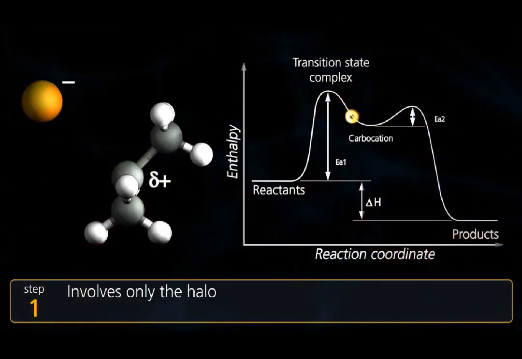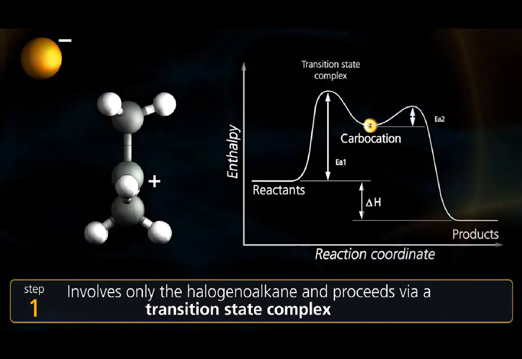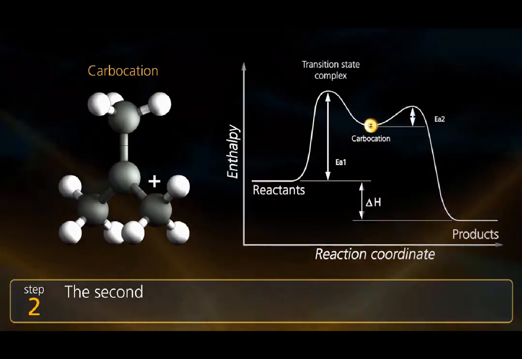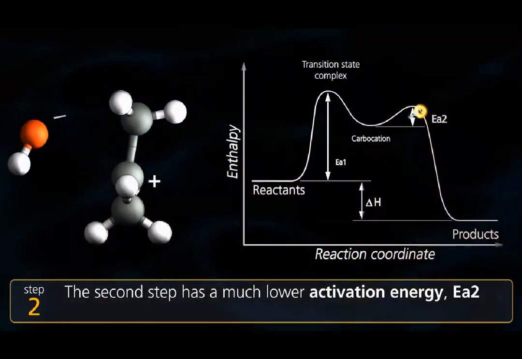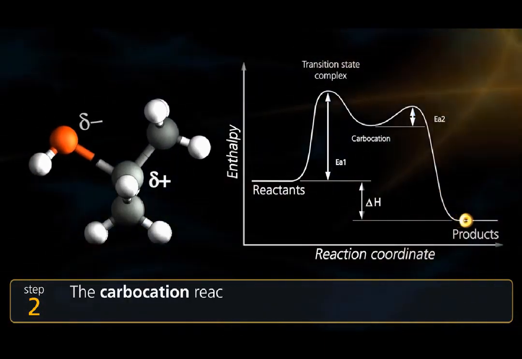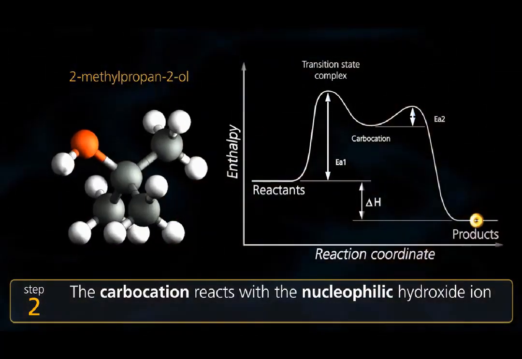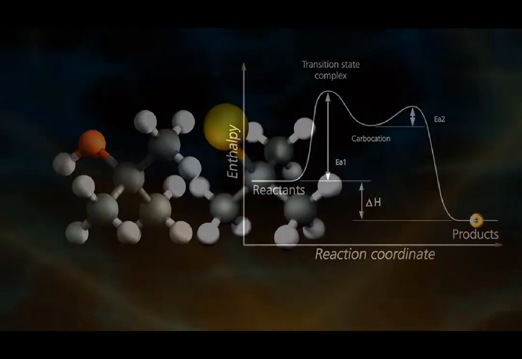The first step involves only the halogenoalkane and proceeds via a transition state complex to form a carbocation. The second step has a much lower activation energy, EA2, and hence is considerably faster than the first step. The carbocation reacts with a nucleophilic hydroxide ion via a second transition state to form the product 2-methylpropan-2-ol.